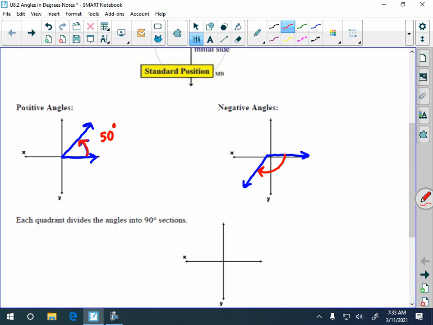So this is the clockwise direction. And so this would be a negative angle. And so we could say this is about a negative 120-degree angle or so. So we want to make sure that we put it as a negative angle because of the direction of rotation.